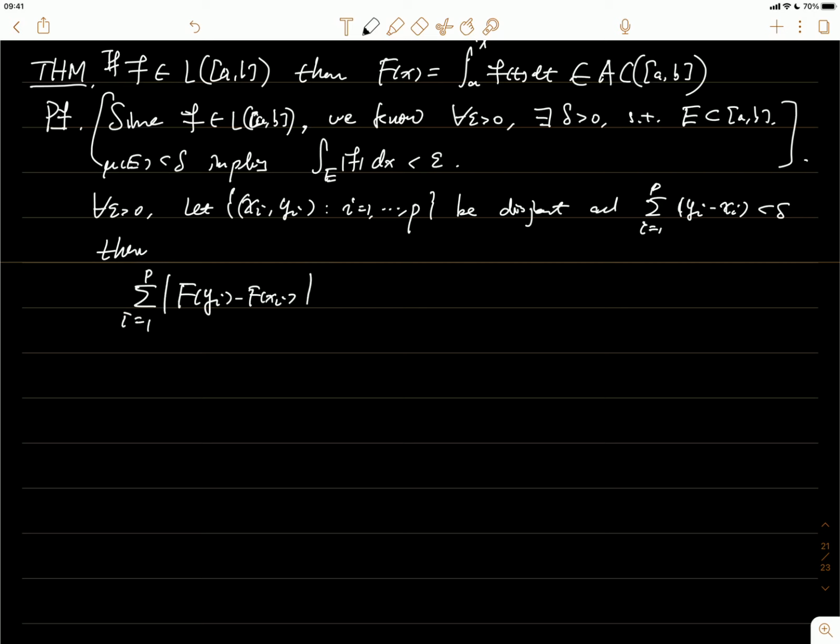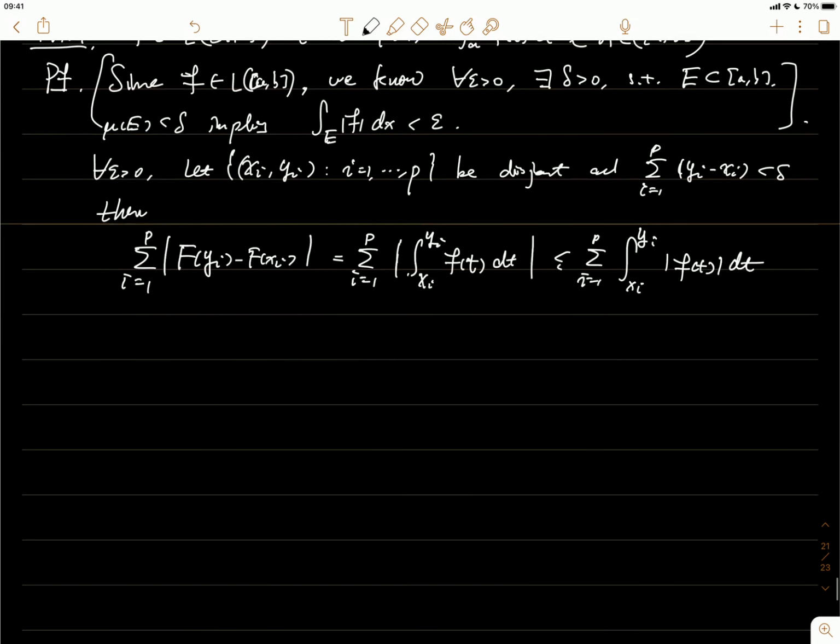is less than epsilon, right? Notice that this sum is going to be similar as before. It's just going to be the sum of the integrals from xi to yi of f(t) dt, and this is less than or equal to the sum of the integrals of the absolute value of the integrand.